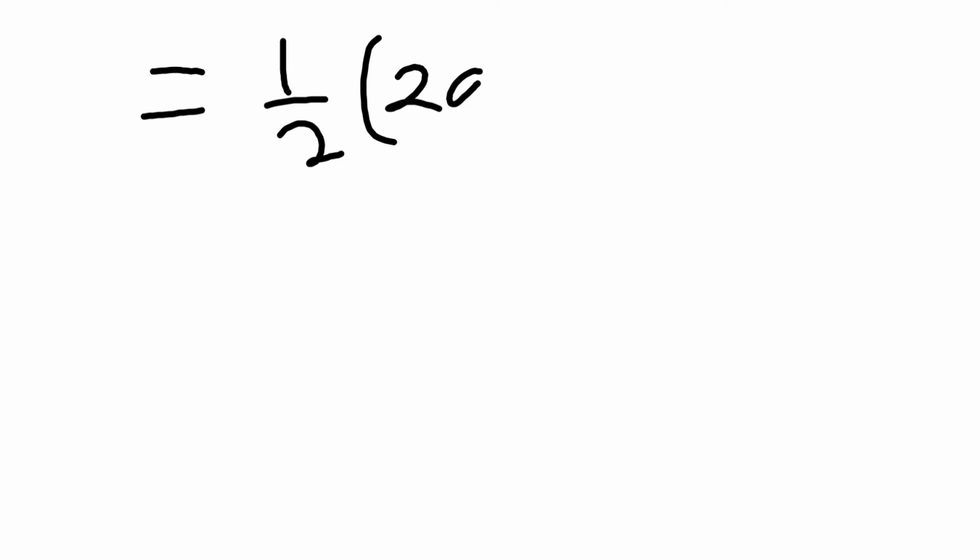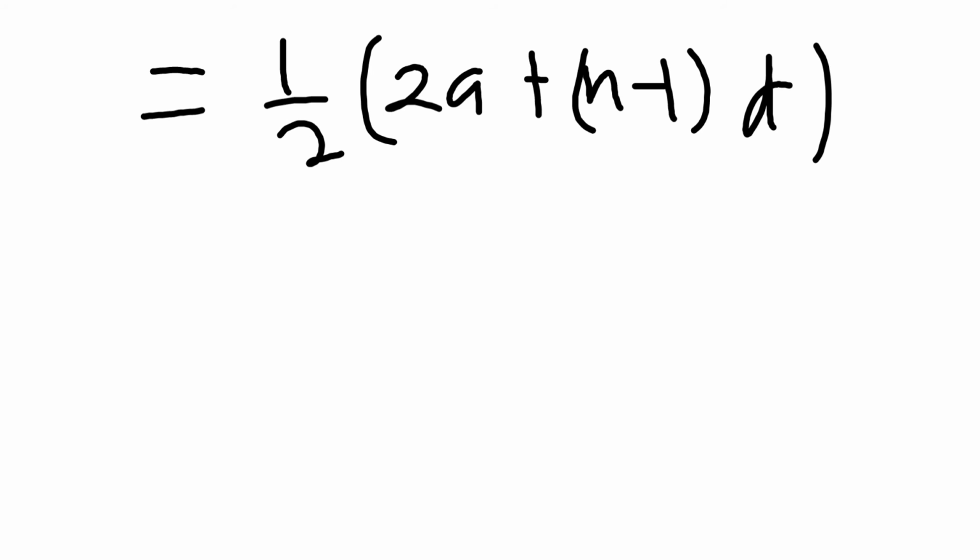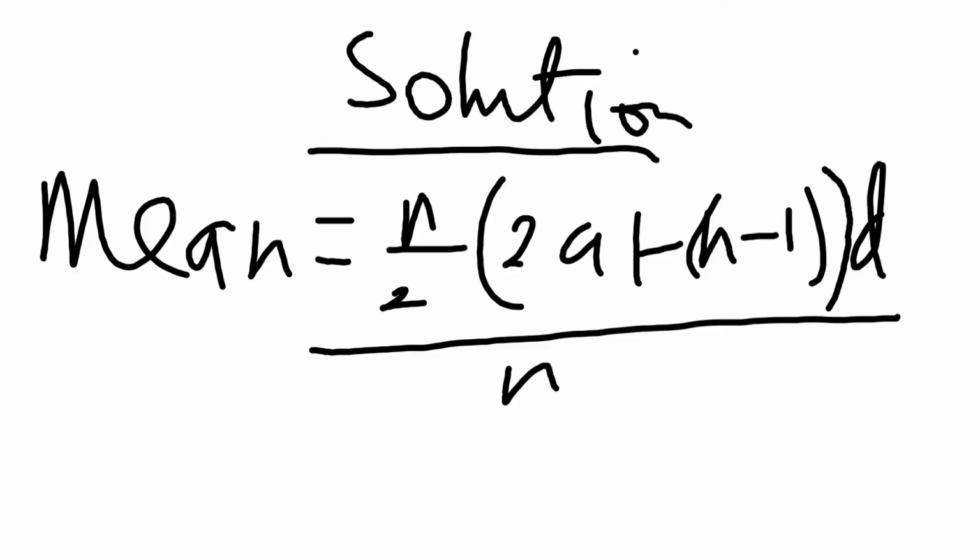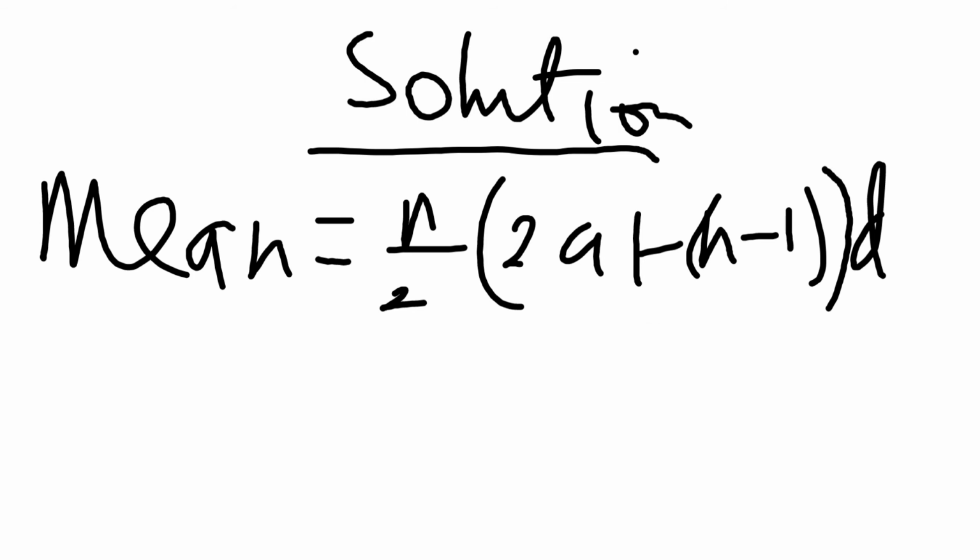This is equal to 1 over 2 into 2a plus n minus 1 times the common difference. Let me correct something here.